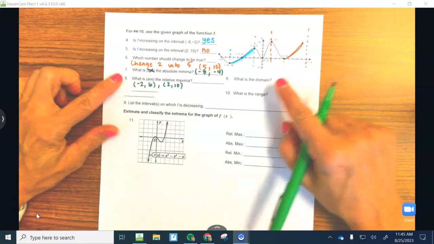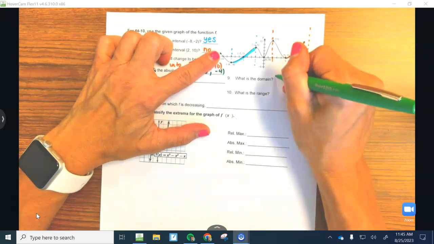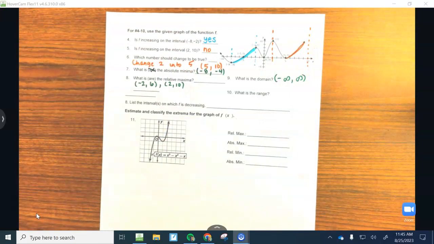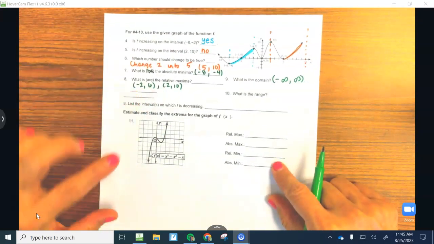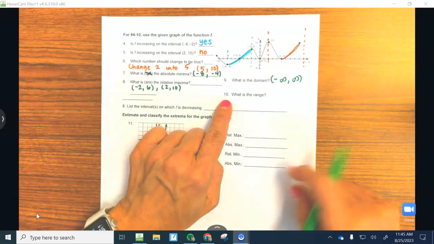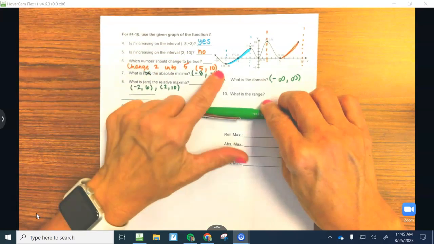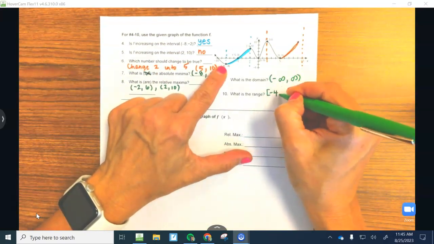So that goes to problem 8. What is the domain? So easy to see, guys. Just negative to positive infinity. There's no open holes or anything like that, just those arrows from left to right. I apologize about these lines, this is a formatting error. Please ignore them. What is the range? When I scan at the bottom, the first thing I land on is a -4, and it's included, so let's write -4.